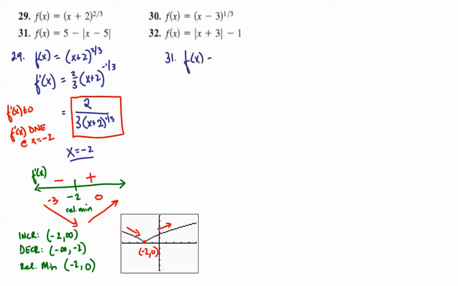First of all, we have f of x is equal to 5 minus absolute value of x minus 5. Alright, so let's talk about this for a second. Absolute value of x, if you recall, just looks like that V shape. Absolute value of x minus 5 is going to be that V shape shifted 5 units to the right.